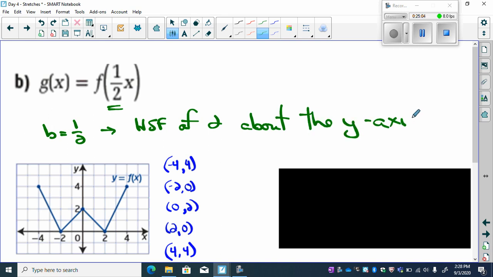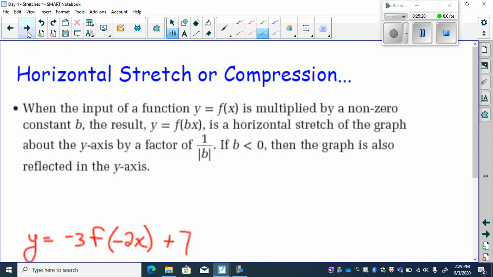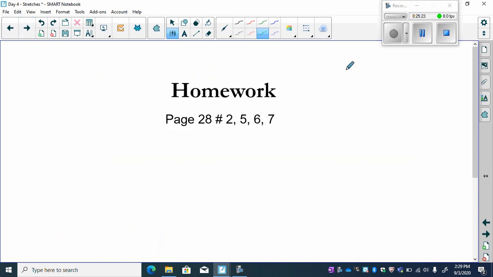So remember, horizontal stretch, horizontal reflection are in or about the y-axis. Vertical stretch or vertical reflection are in or about the x-axis. Okay, so you can check the answer to this within your notes, and then you can try these questions for homework.